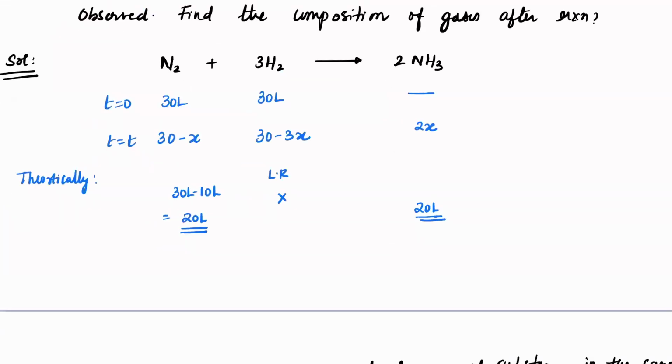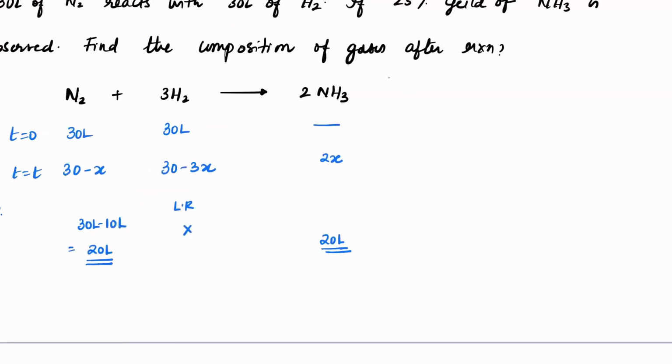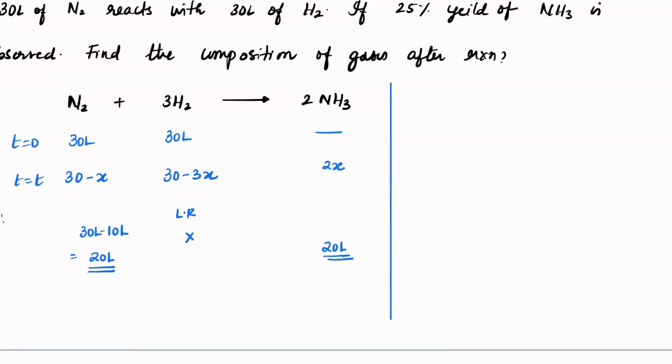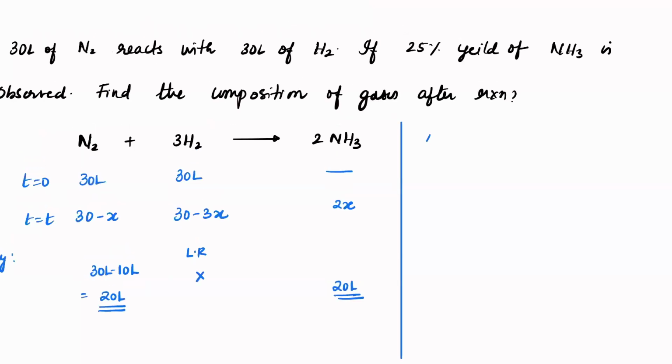But only 25% is present here, which means 25% of yield is happening. So you know that the actual amount of ammonia formed will be equal to percentage yield into theoretical yield, or theoretical amount.